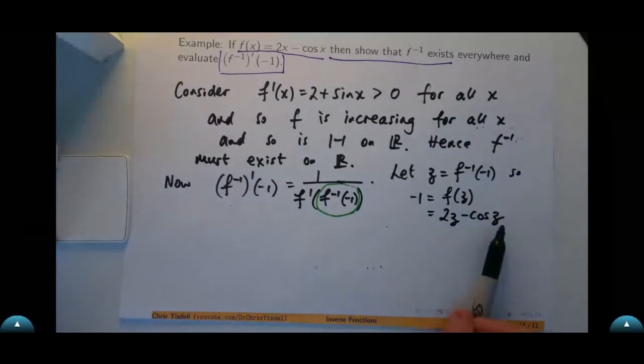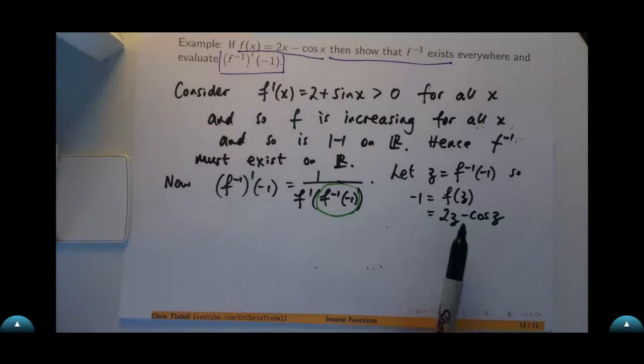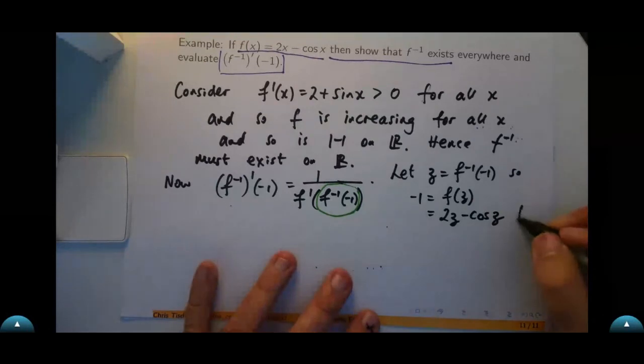Now, usually these are simple things, right? Who can give me a value of z that makes this equal to -1? Who can give me a value of z such that this equals -1? Abdul Rahman is correct. Thank you.